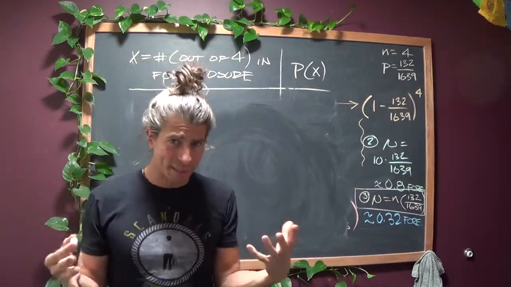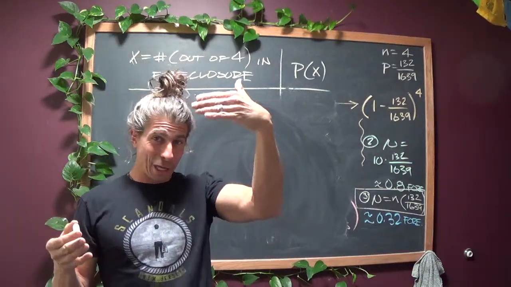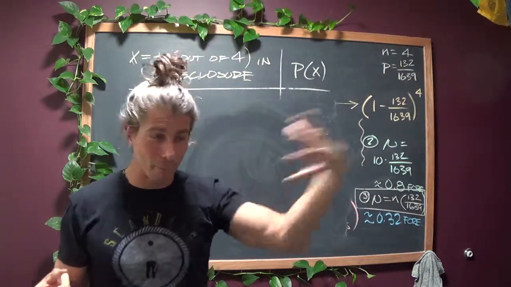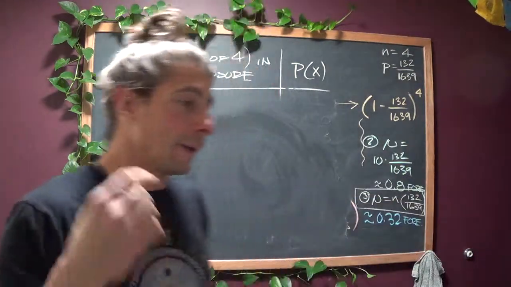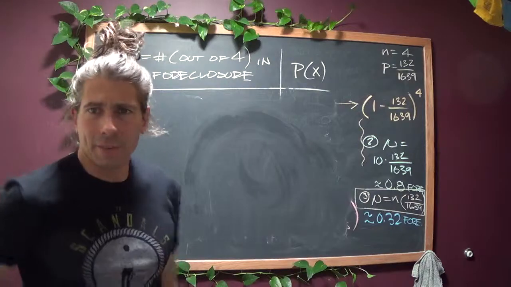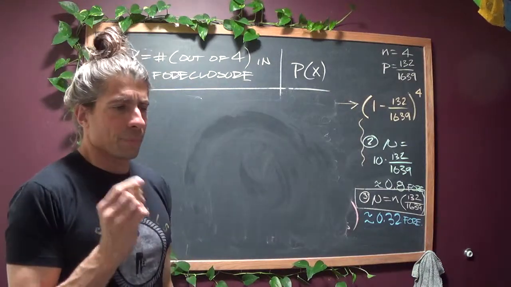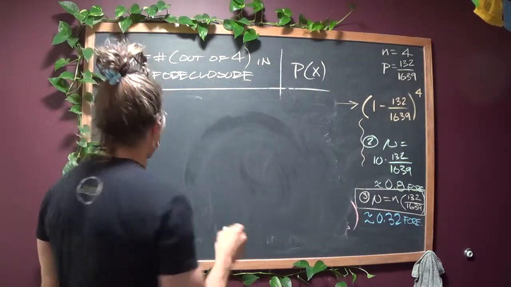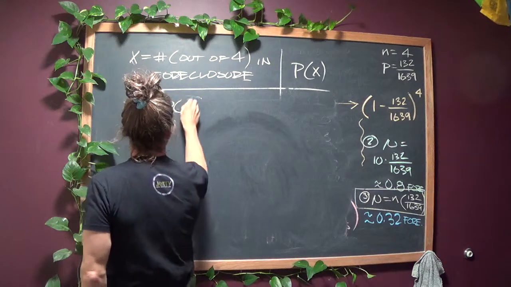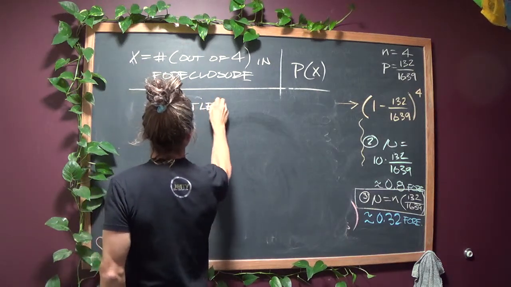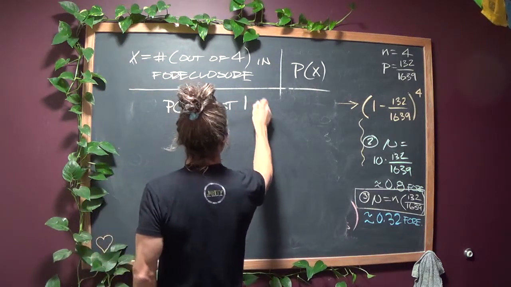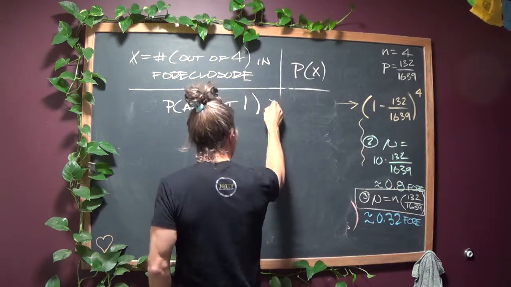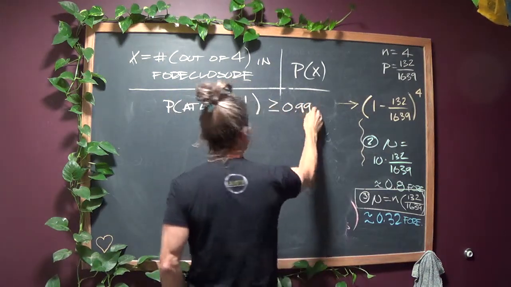I don't expect you to remember everything precisely at all times. We learn things cumulatively. Sometimes that takes short-term memory and relegates it to long-term memory, and then short-term memory is what's needed here. So you didn't have to do this, obviously, because it's extra credit. So the key was at least one. So you want the probability of at least one of them in foreclosure to be at least 0.99.